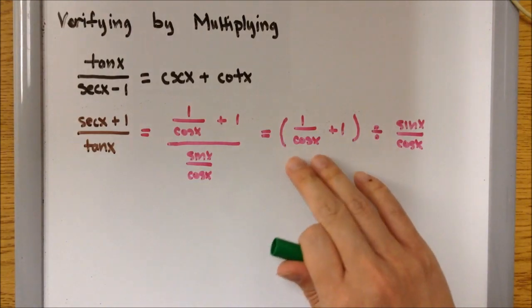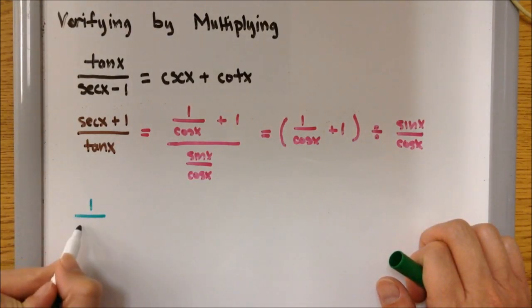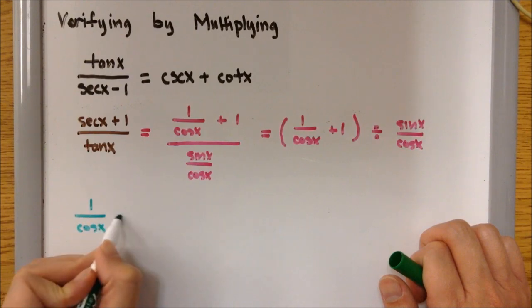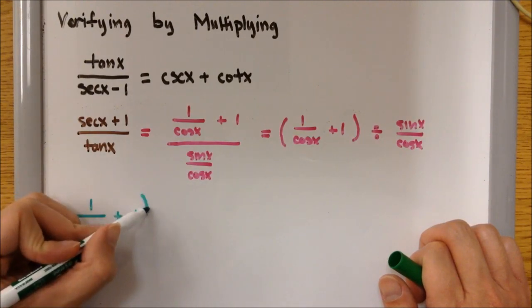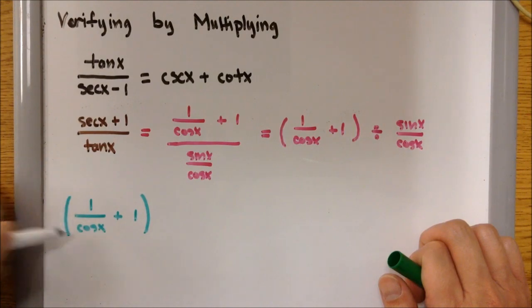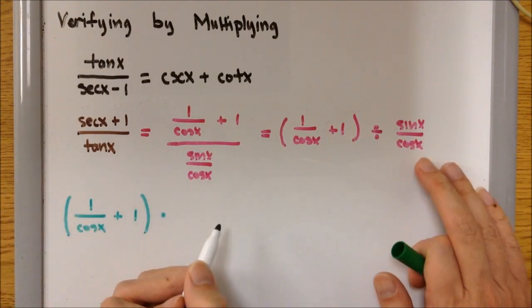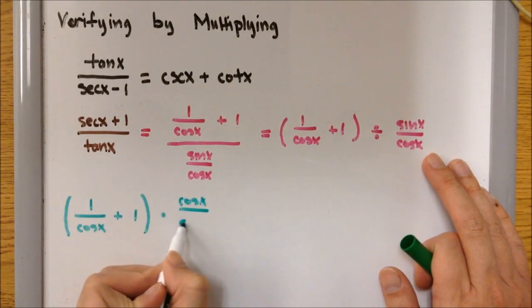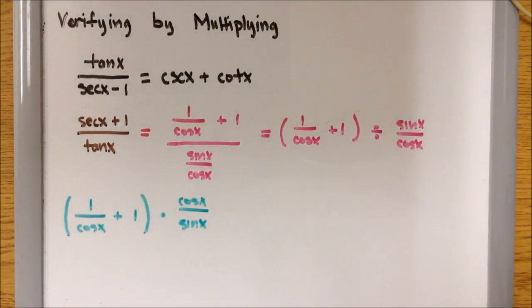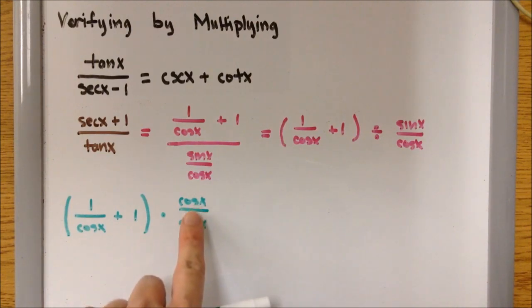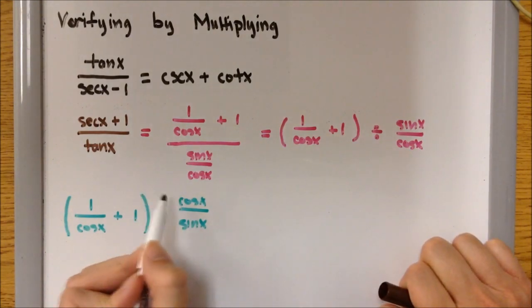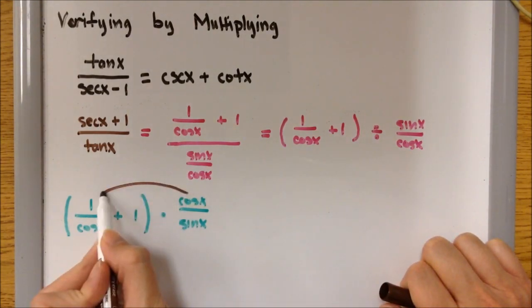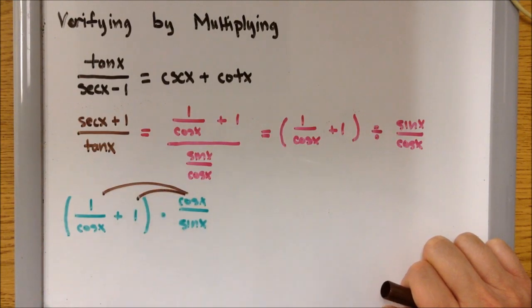The first part will stay the same: 1 over cosine of x plus 1. Since we're changing to multiplication, we're going to flip the second fraction, so cosine of x over sine of x. So 1 over cosine of x plus 1 times cosine of x over sine of x. Basically, we distribute cosine of x over sine of x to here, and then to here.